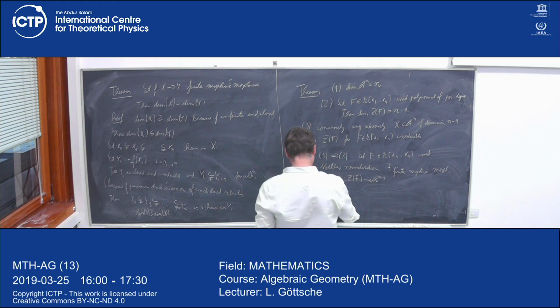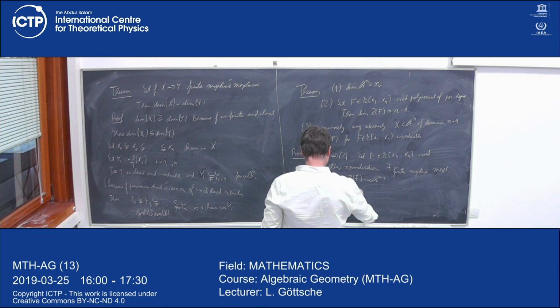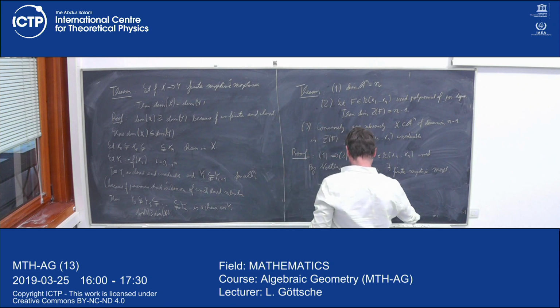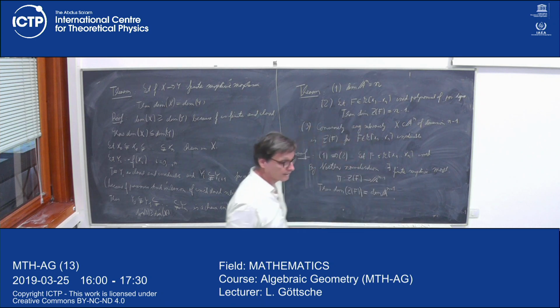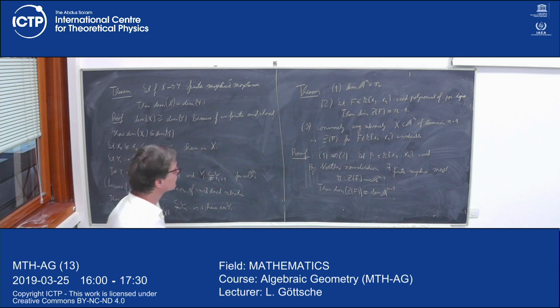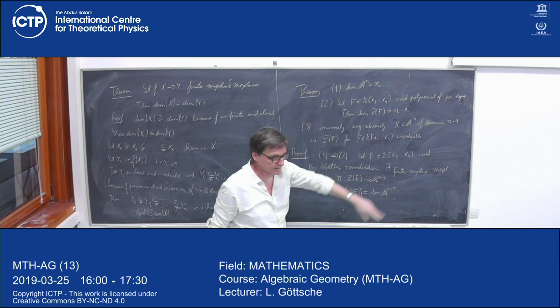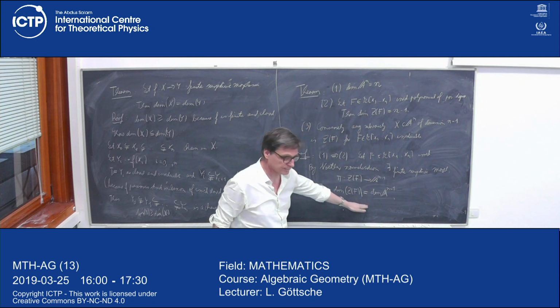So thus, the dimension of the zero set of f will be equal to the dimension of A^(n-1). Okay? And so if we happen to know that the dimension of A^n is n, this would mean that this dimension is n minus 1, but we actually need it in this form.